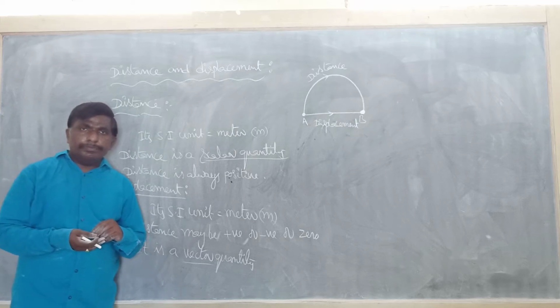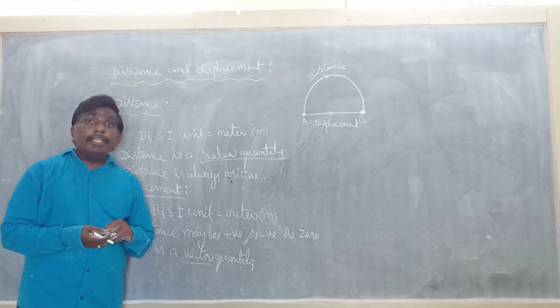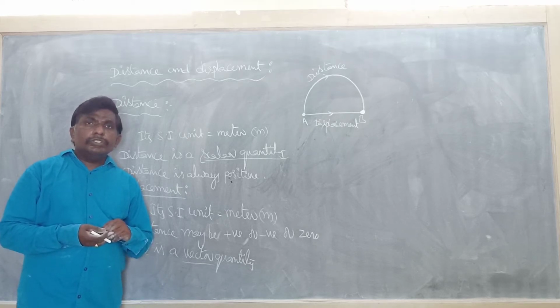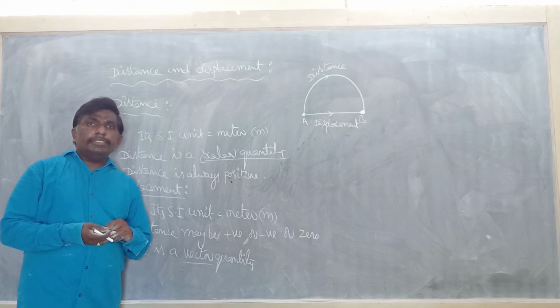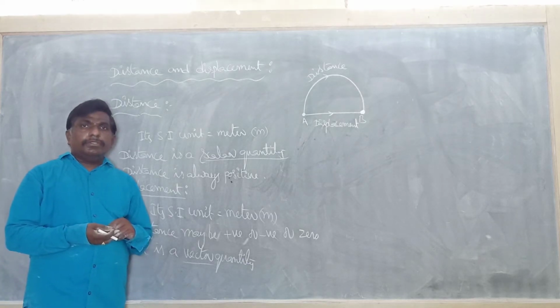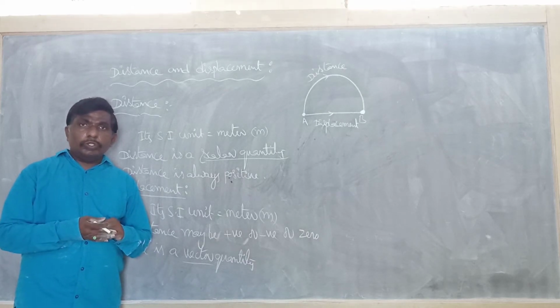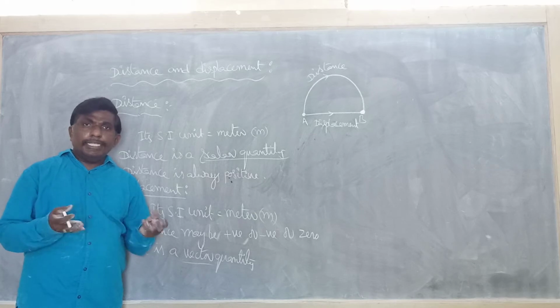For example, Rama traveled 64 kilometers towards the east direction. So here 64 kilometers is the magnitude and east is the direction.